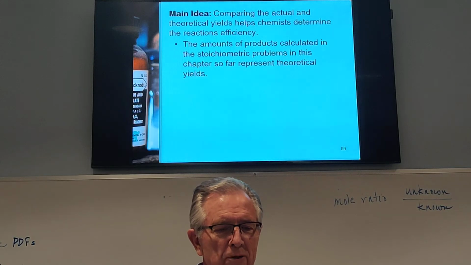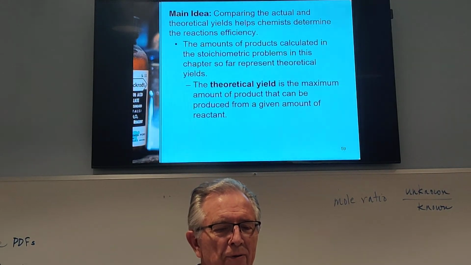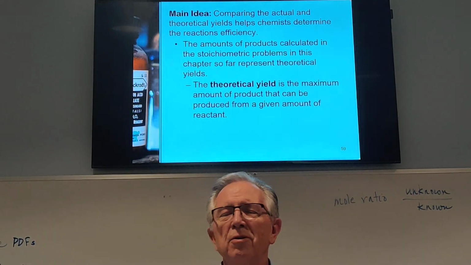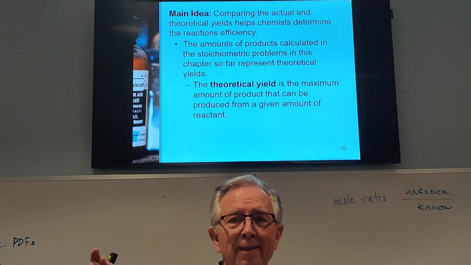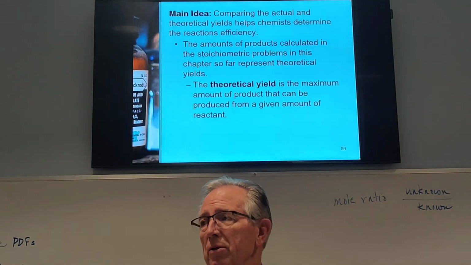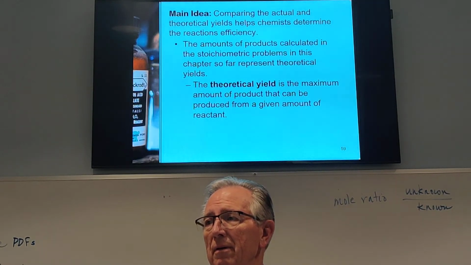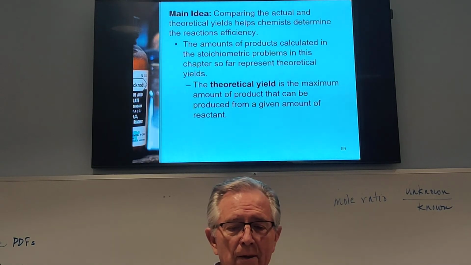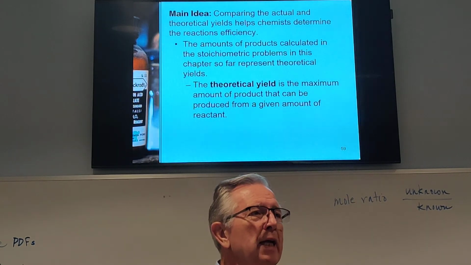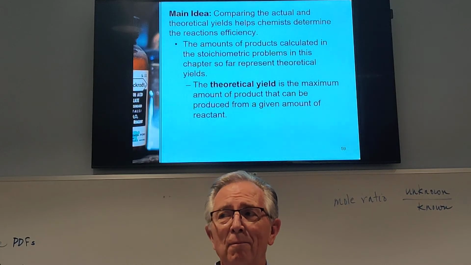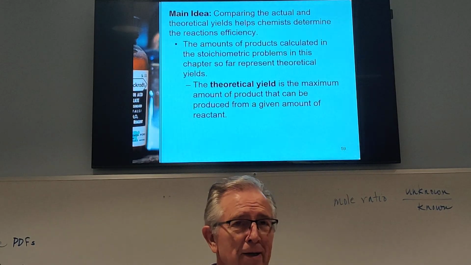It always falls a little bit short of that. So your theoretical yield is what I get if I just do the problems like I've been doing. They will either have to give it to me or give me a way of being able to measure how much I really did end up with.